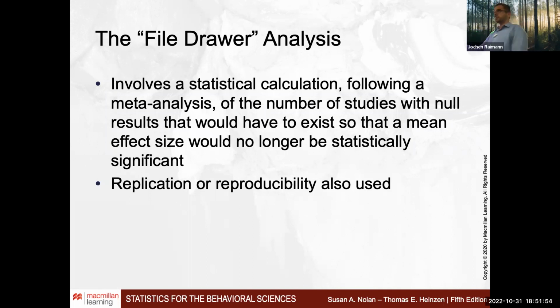The community has become increasingly aware that file drawer effects are a problem, and that papers are not being published because all the journals only want to see significant results. They want to see something that makes a change, right? Because it creates more attention from the community and helps to increase the impact factor of the journal. So they're more favorable towards articles that show a significant result.